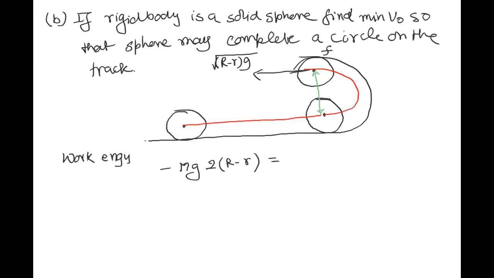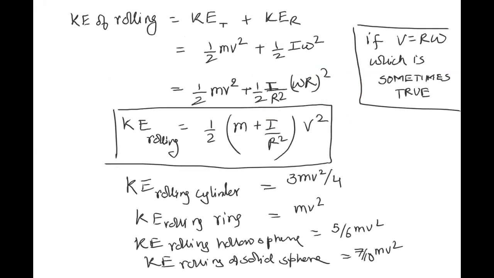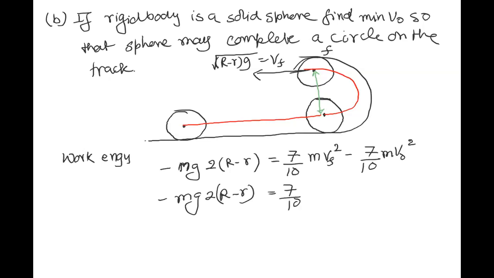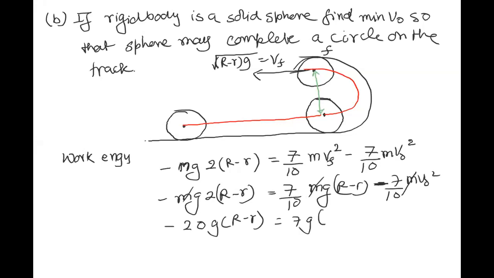I will just go back for my reference क्योंकि मुझे कभी याद नहीं रहता. आपको याद रहना चाहिए, मुझे नहीं याद रहता. 7/10 m vf square minus 7/10 m v naught square. लेकिन vf की वैल्यू तो मुझे मालूम है, तो ये हो जाएगा minus mg (2R minus r), 7/10 mg (R minus r), minus 7/10 m v naught square. कैंसिल हो जाएगा. -20g (R minus r), 7g (R minus r), -7 v naught square.